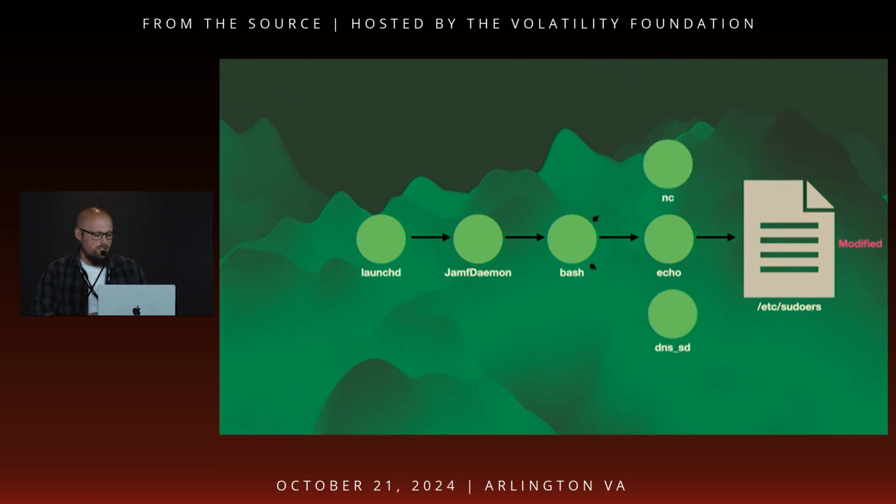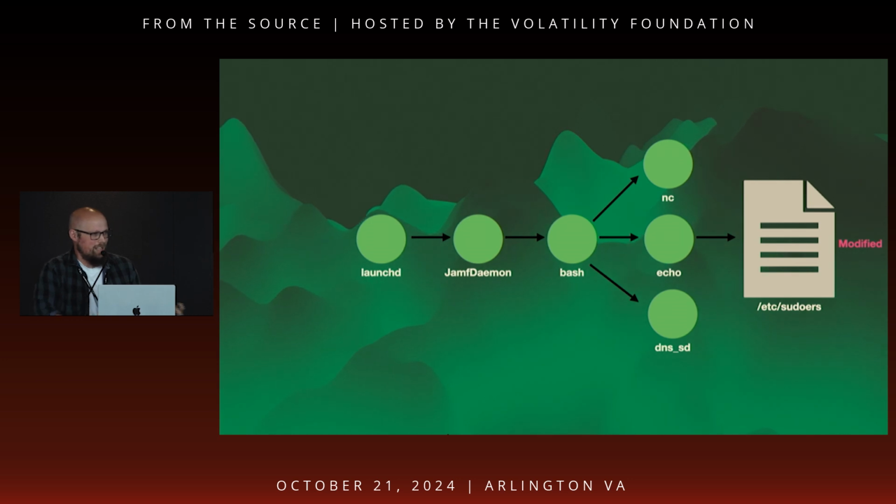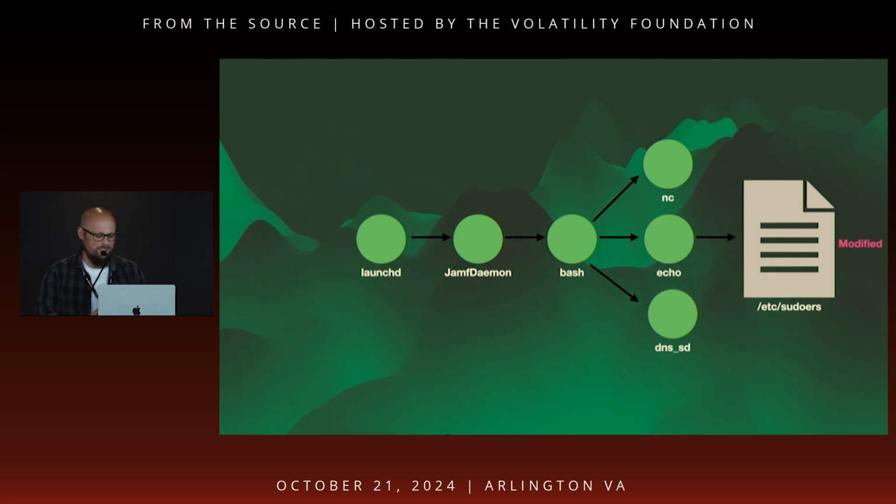But if we expand siblings inside of a tree, for instance, if I found that echo command that modified the sudoers file, again, a pretty uncommon activity to happen on macOS, and we look at the siblings, we see there's a netcat entry in there, kind of interesting. Don't generally see that a lot, not from a standard user or from an admin script.